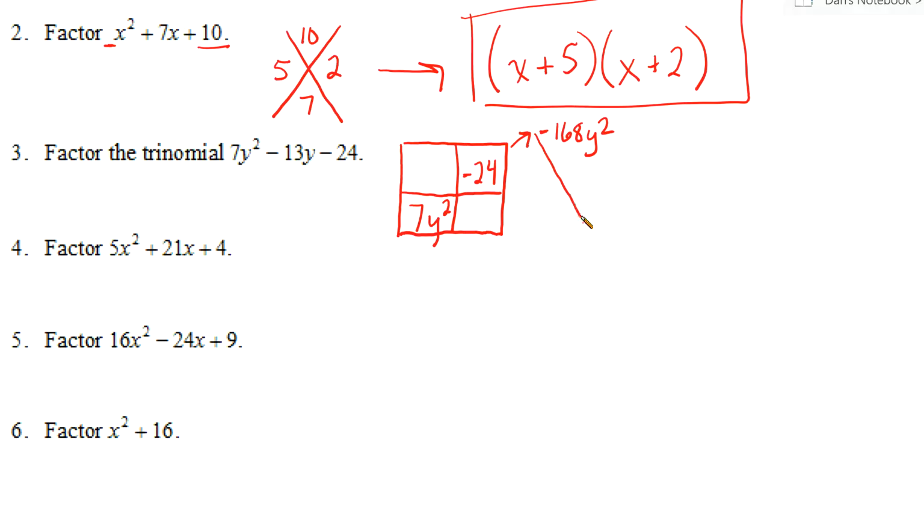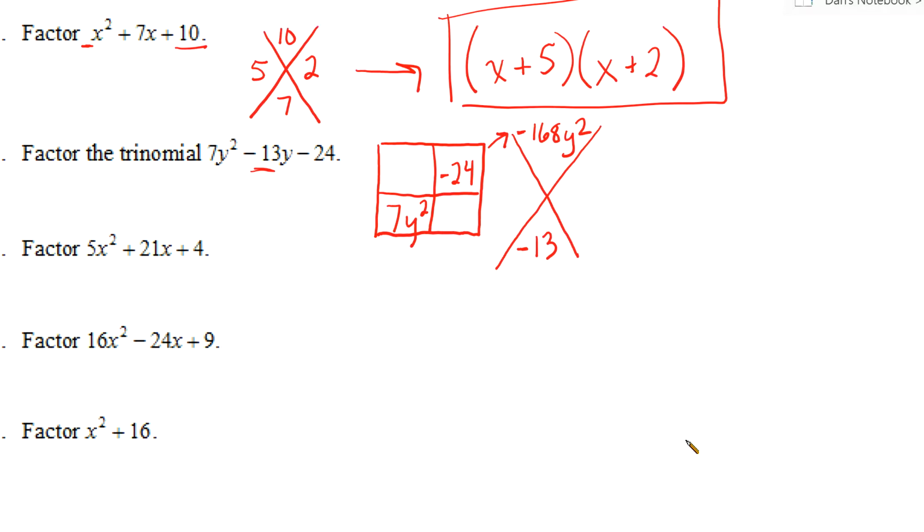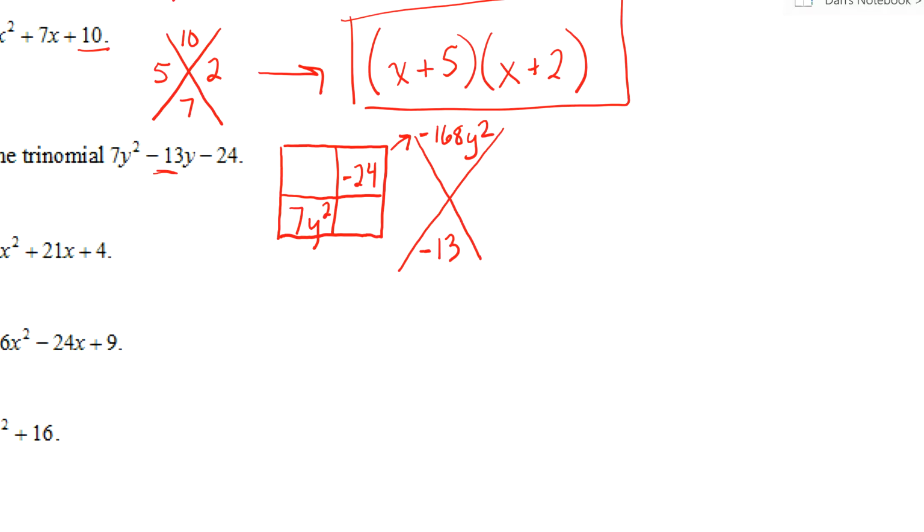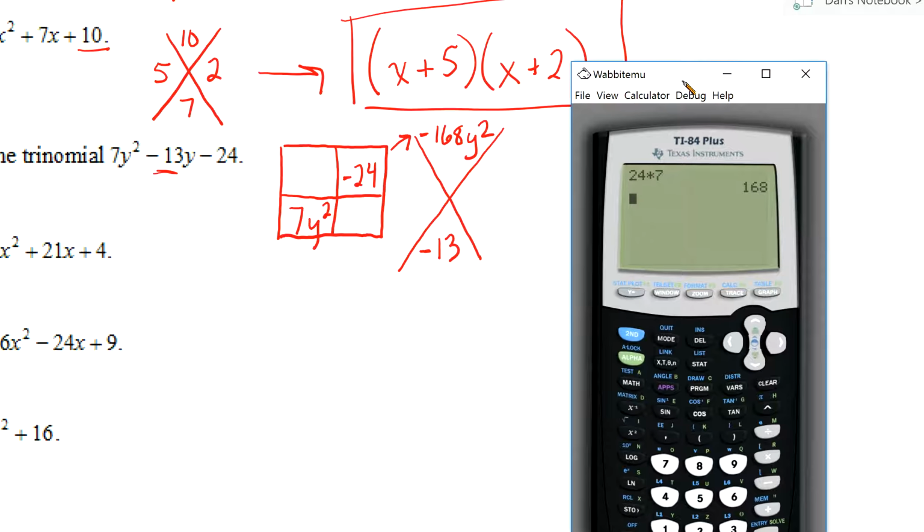So I can go ahead and do my X here, or my diamond problem. The negative 13 would go there. Now 168 is not an easy number to deal with here. So we're going to figure out what multiplies to 168. We already know that 24 times 7 does, but that's not going to work here.